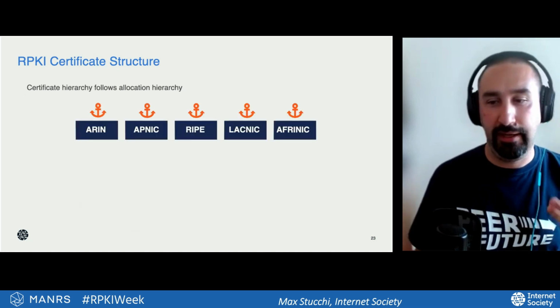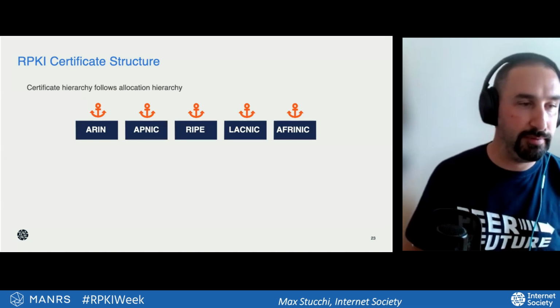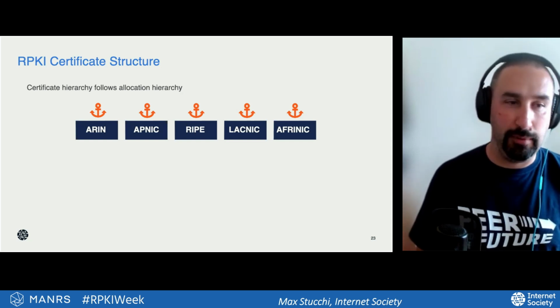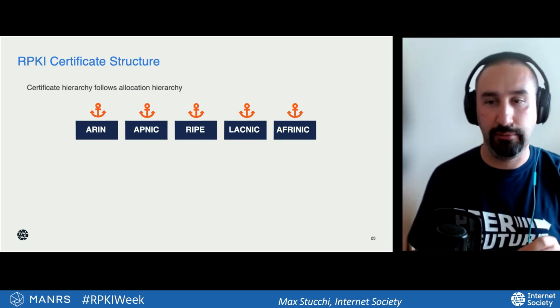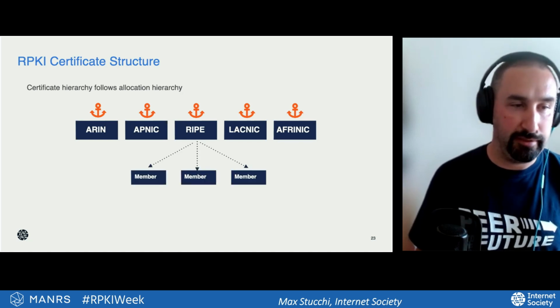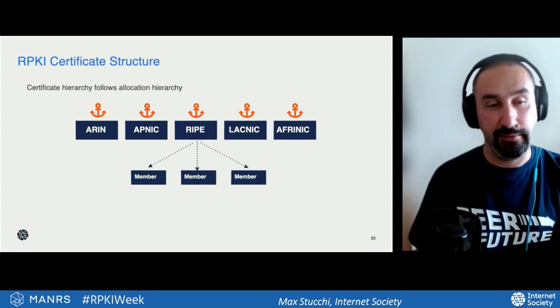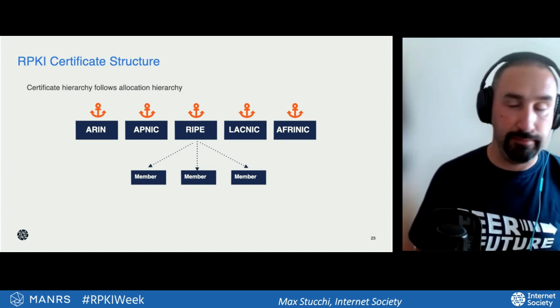At the point when RPKI was developed as a concept, we wanted all the regional registries to be on board, and we wanted to follow the hierarchy. So we have the anchors at the registries, and then we have members who depend directly from there.